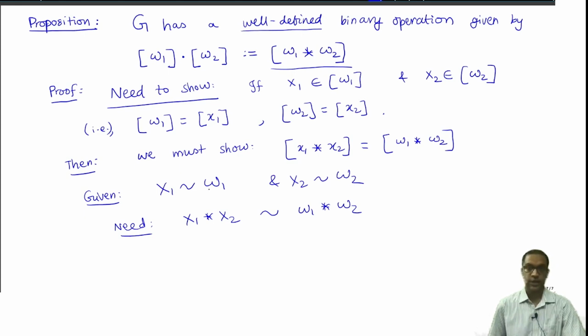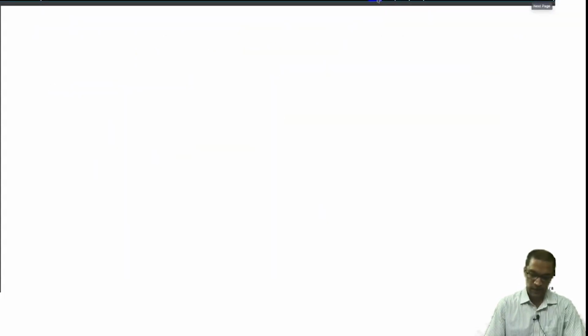It means there is a chain starting with w1 and ending at x1, in which each intermediate step is obtained from the preceding one by an application of a basic rewriting rule. Okay. So let's write that down. So step 1, I start at w1, and I use my basic rewriting rule. I get some word. I use again one of the other rules, it becomes some other word, etc., till I finally am able to reach x1.